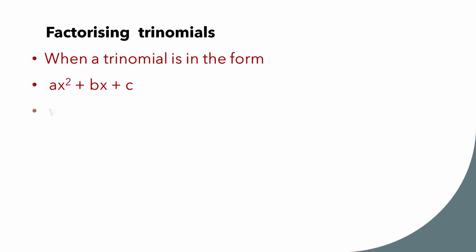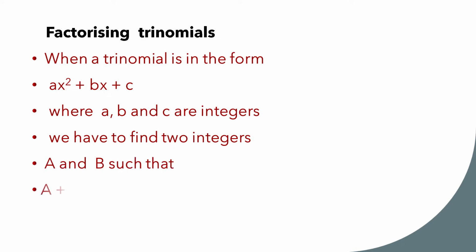Now let us take another method, which is factorizing trinomials. This is also called splitting up the middle term. When a trinomial is in the form ax square plus bx plus c, where a, b and c are integers, in this method we have to split the coefficient of x, that is b, in such a way that when we find the sum it should be b, and when we find the product it should be ac.